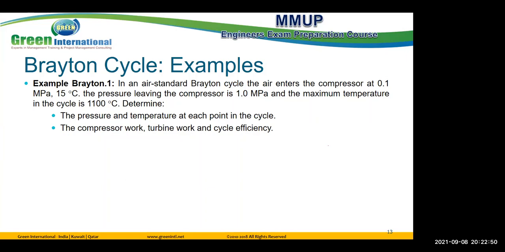Pressure leaving the compressor is 1 megapascal. Maximum temperature is 1100 Celsius. Give me the pressure and temperature at each point in the cycle, and the work of turbine, work of compressor, and efficiency.